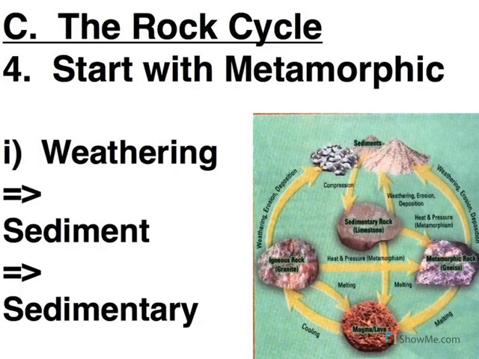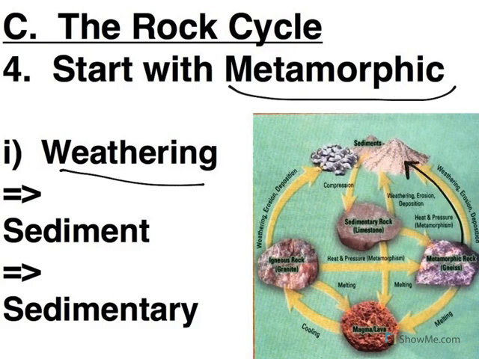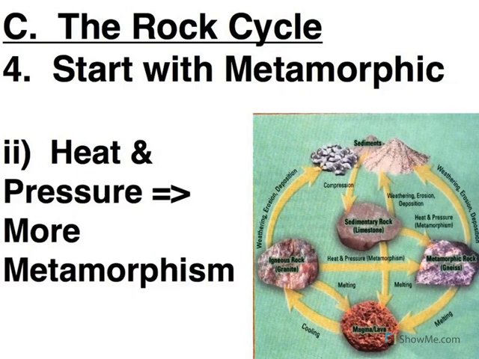And then lastly, starting with our metamorphic rock, we can apply weathering, and it will turn into sediment, and then through compaction, turn into a sedimentary rock. We can apply heat and pressure and have it become more metamorphosed.